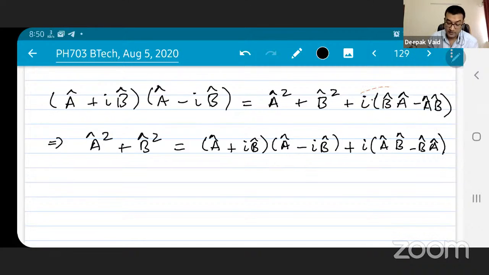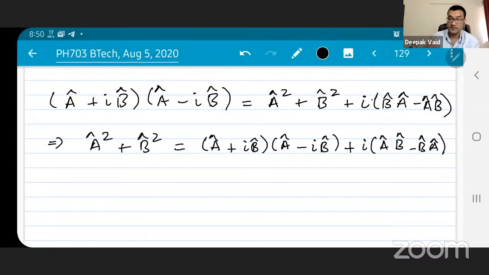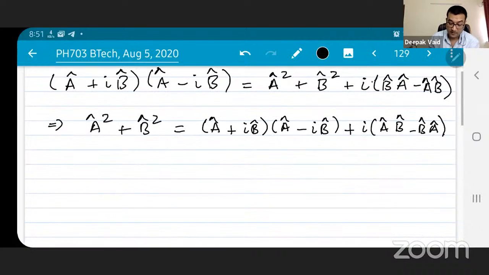I've taken this term over to the other side and switched signs, so instead of BA minus AB, it becomes AB minus BA. And this is the commutator of A and B, right?